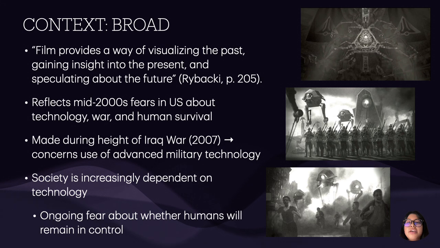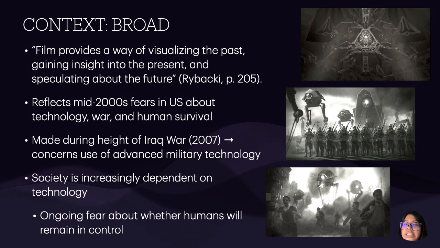At the same time, the story also connects to political concerns about war and government power, especially when considering that this movie was being made during the height of the Iraq War around 2007, a time when the US started depending more on advanced military technology, which raised concerns about control, power, and potential misuse. In Nine, the government's decision to turn the scientist's invention into a weapon shows how authority can misuse technology for destruction.